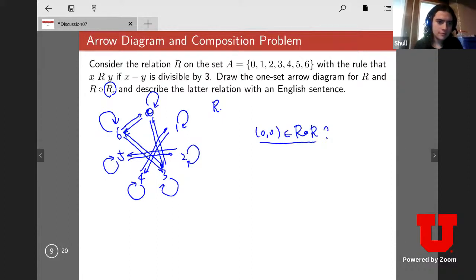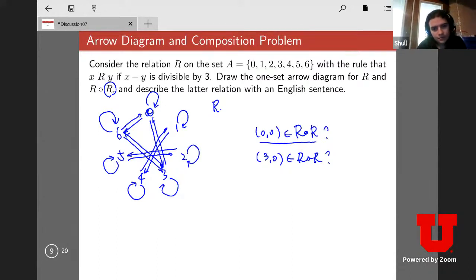So what about, let's say, 0 to 3 and 3 to 0? Is that inside of R composed with R? You could have 0 to 0 and then 0 to 3. Yep, exactly. You can have 0 to 0 and 0 to 3, or 3 to 0 and 0 to 0, or the other way around, 3 to 3 and 3 to 0.